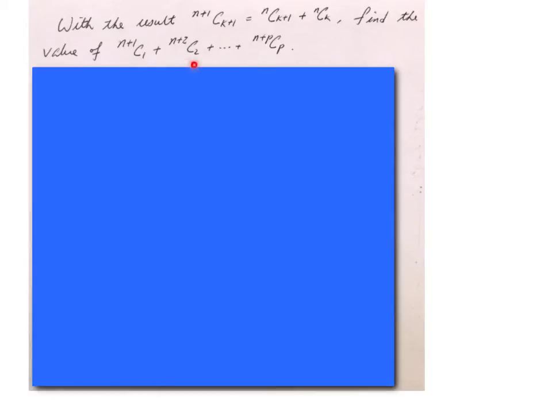But in this case, this is n plus 1, this is n plus 2. And then for the coming terms, they are all different. The next term afterwards should be n plus 3 and then C3. Therefore, we cannot apply directly this result.